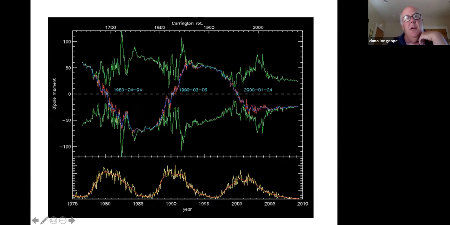So here is what you'd call the solar cycle, which is what you see on the bottom. That's the sunspots. So there was a maximum in the solar cycle at 1980, a maximum around 1990, and a maximum around 2001 or so. That's the maximum in the sunspots. If you look at the poloidal magnetic field, that is the dipole moment, and just the BZ component, the Z component of the dipole moment, that crossed zero in April of 1980.